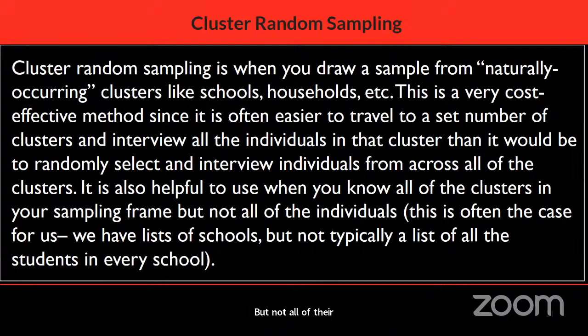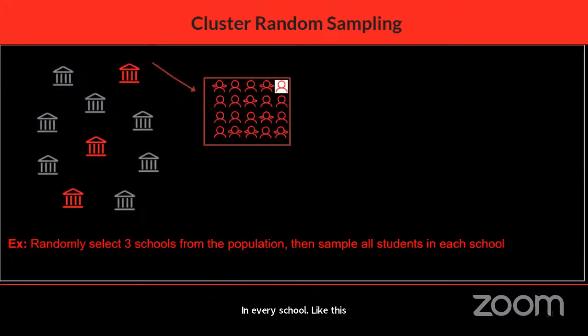This is often the case for us. We have a list of schools, but not typically a list of all the students in every school. Like this, we randomly select 3 schools from the population, then sample all students in each school.